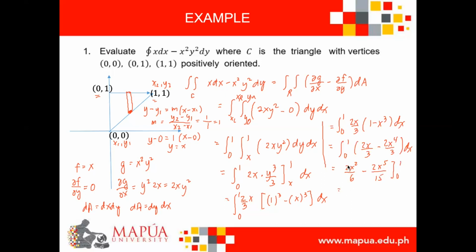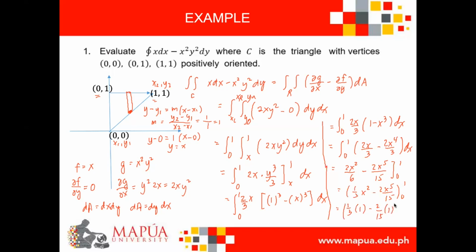So simplifying this will be 1/3 times x squared minus 2x to the 5th over 15 from 0 to 1. So applying now the limits, we have 1 squared is still 1 minus 2 over 15, then 1 to the 5th is still 1.